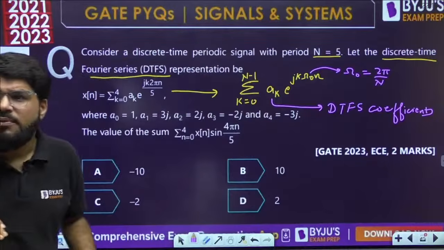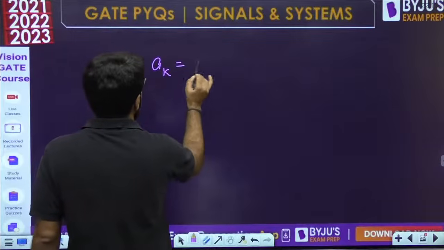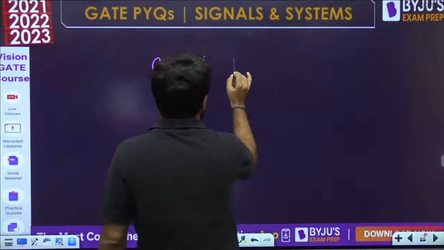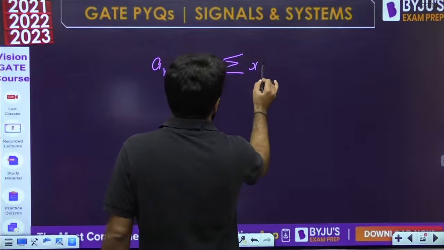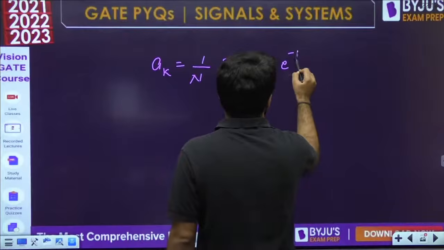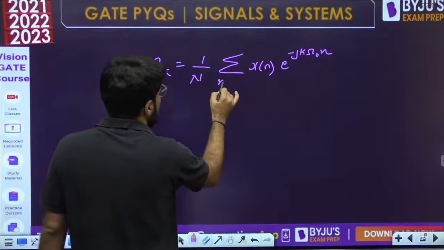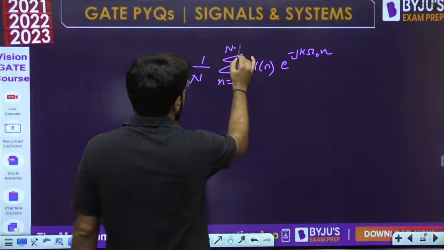Now what is the formula for DTFS coefficients? It is given by 1 upon N summation of x[n] e raised to the power minus jk omega naught n, from n equal to 0 to N minus 1.